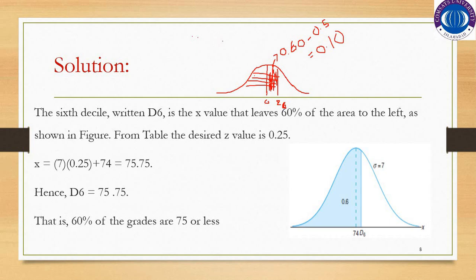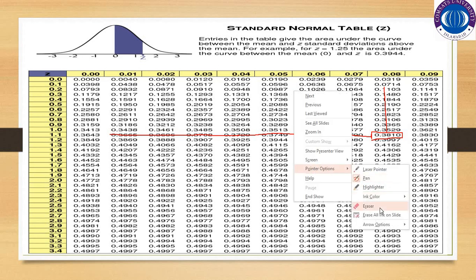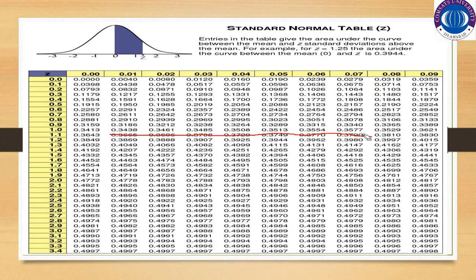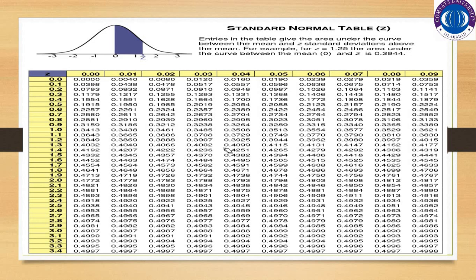We go through the body of the table and find where the area 0.10, or approximately 0.10, is located, and find the corresponding value of Z. Here we have 0.0910, 0.0948, 0.0987, and 0.1026.